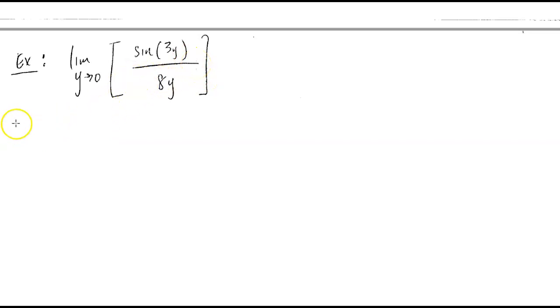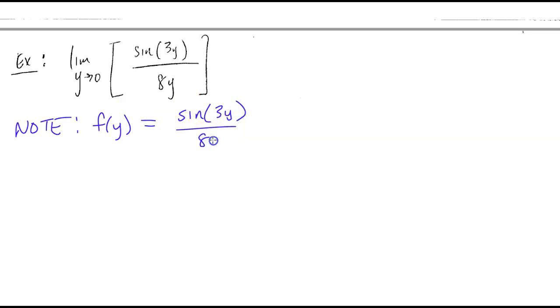So here we will note, we'll let f of y equal sine of 3y over 8y. Of course, here I want to have sine of 3y divided by 3y, but to actually do that, I will have to multiply the numerator by 3y as well.